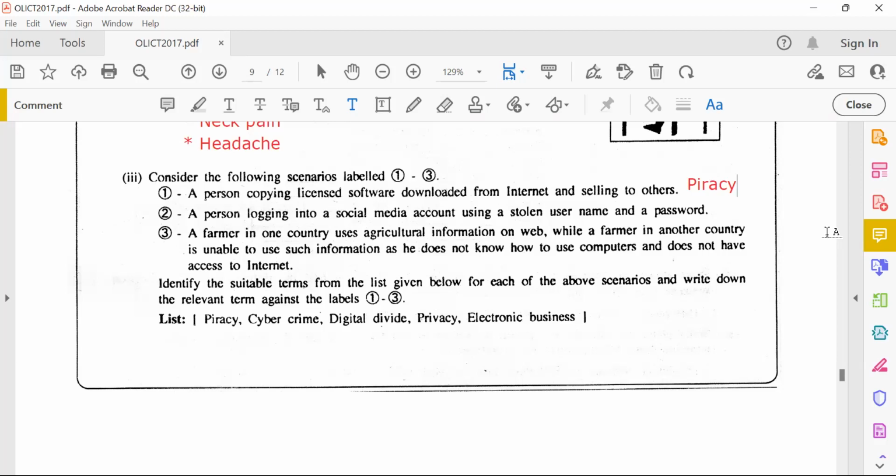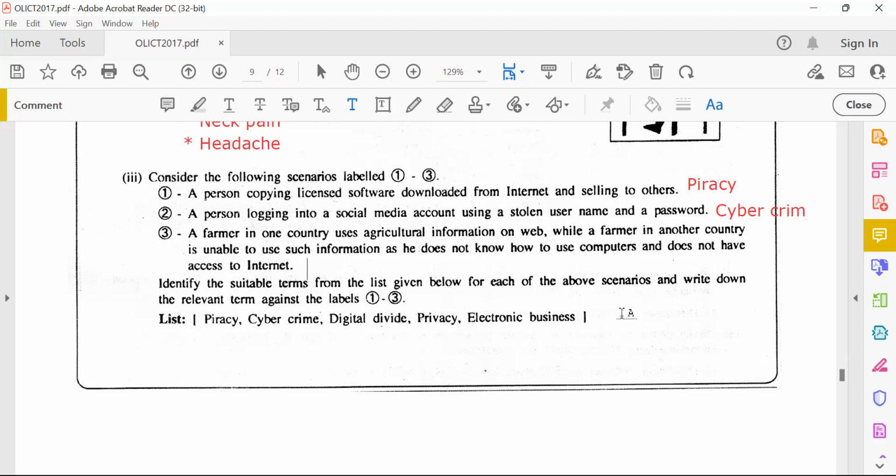Second one. Person logs into social media account using stolen username and password. Right. Third one. A farm in one country uses an agriculture information website while another farm in the country is unable to use it.